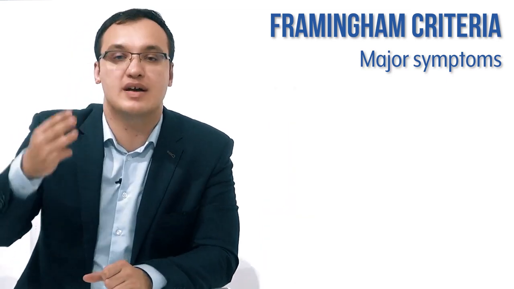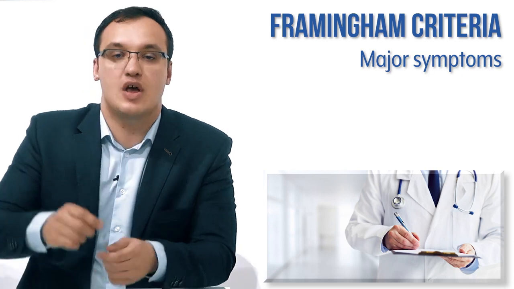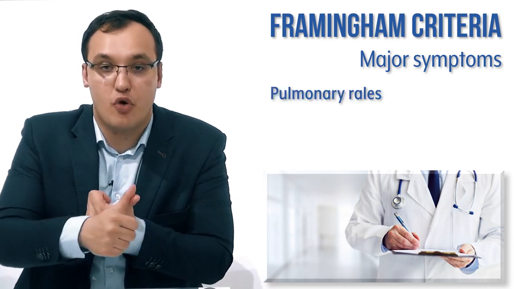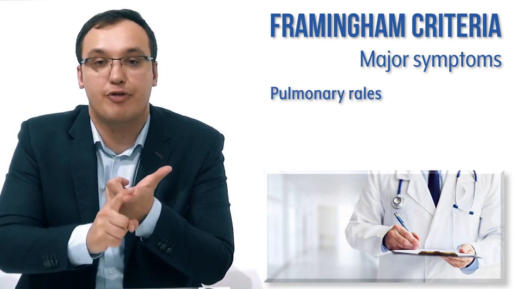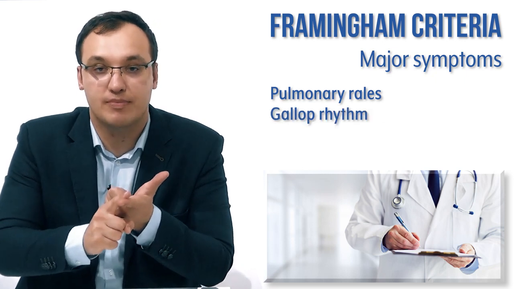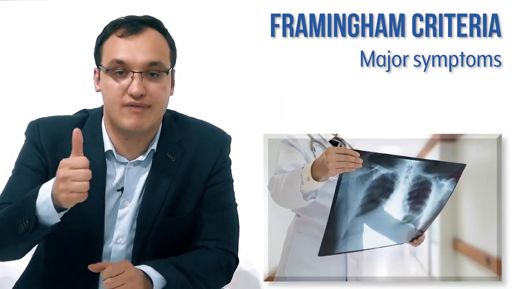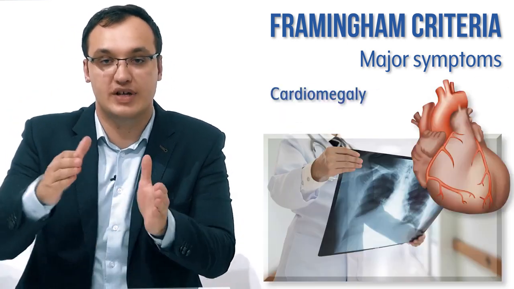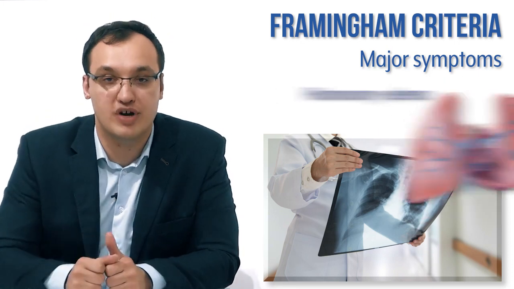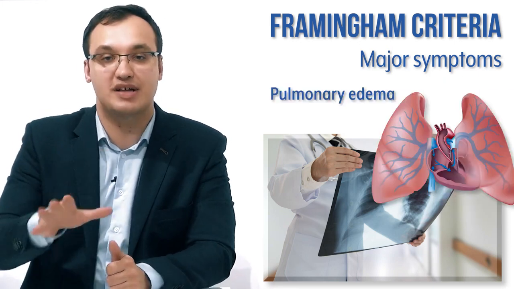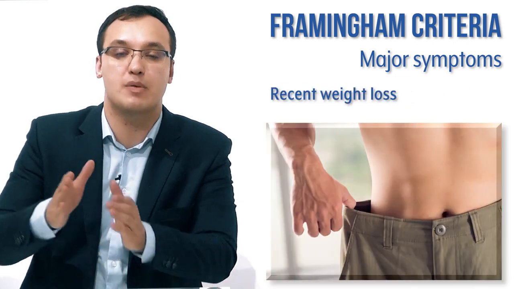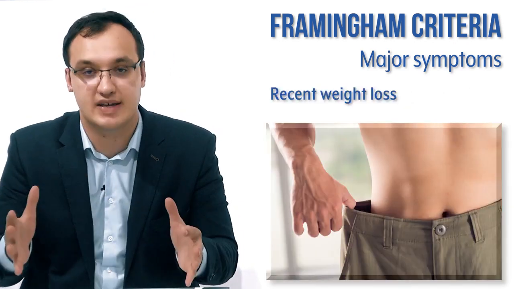Then come three from physical examination: pulmonary rales, third heart sounds, so gallop rhythm, and elevated jugular venous pressure. Then from the chest x-ray, two things: cardiomegaly, which is an increased heart, and pulmonary edema. And then the last thing, the eighth criterion, is that the patient lost more than 4.5 kilograms in 5 days.